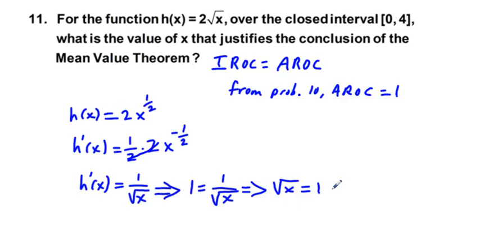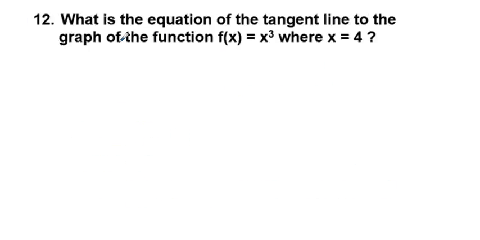And squaring both sides of this equation, we have x is equal to 1. So that's going to be the value of x that satisfies the conclusion of the mean value theorem. So x equals 1. That's it. That's where I-ROC equals A-ROC. Instantaneous rate of change equals average rate of change.